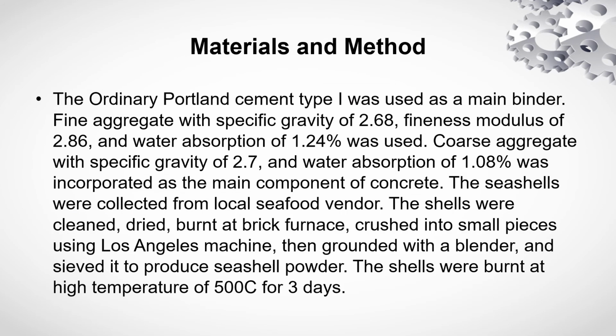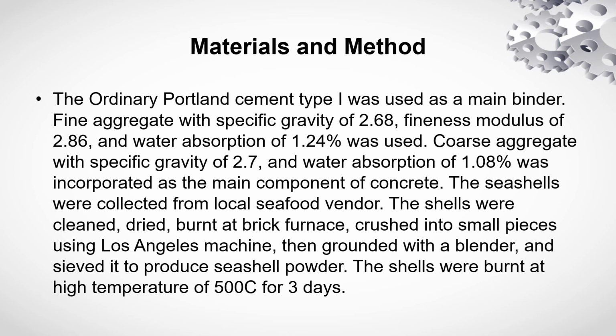Material and method. Ordinary Portland cement type 1 was used as the main binder. Fine aggregate, fineness modulus, and water absorption were considered. Coarse aggregate and water absorption were incorporated as the main components of concrete. The seashells were collected from a local seafood vendor.